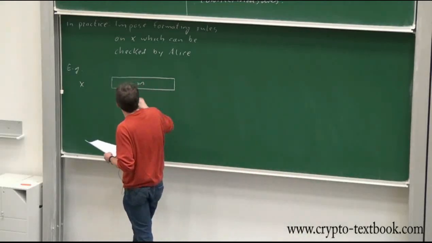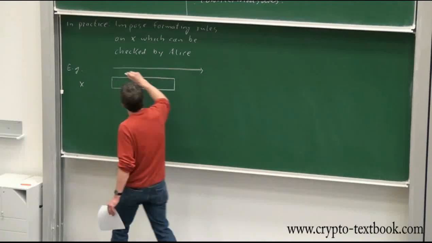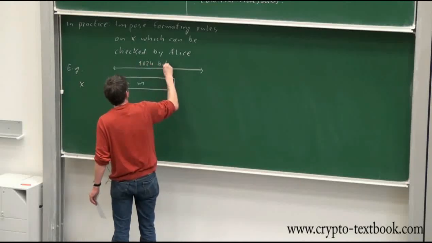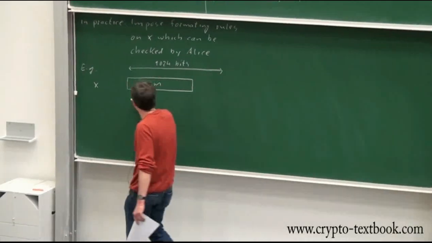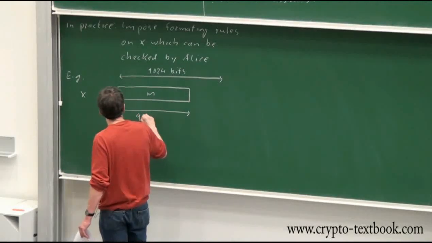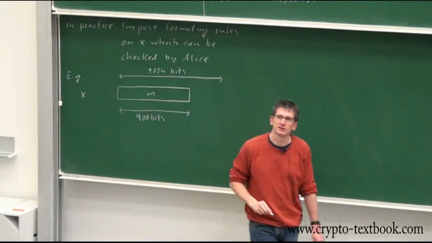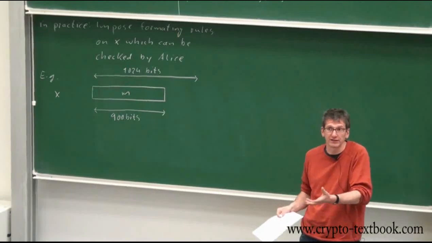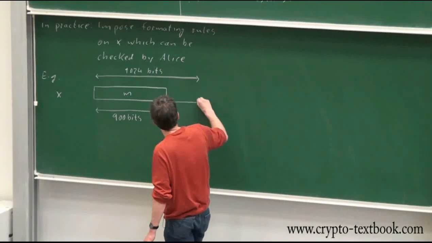Let's say the overall X is, let's say, 1024 bits, we say, well, we only allow the payload, the actual message, your email or your PDF file, to be 900 bits long, okay? You have to pay a price for this formatting, for this added security, so we're not using all bits. And the remaining bits, this is the padding.